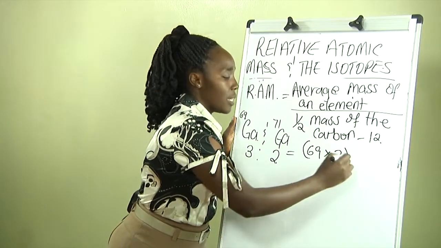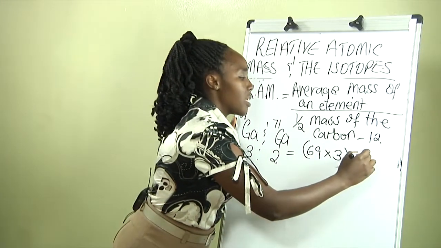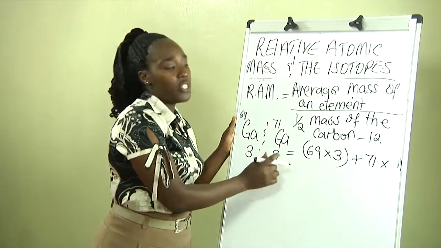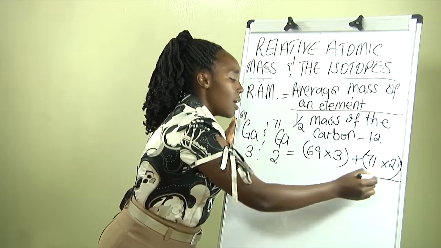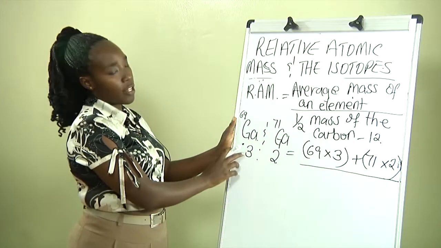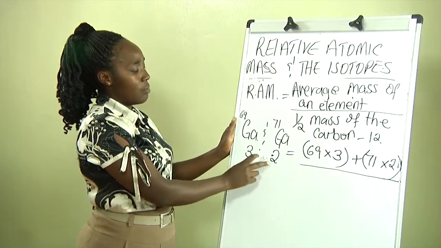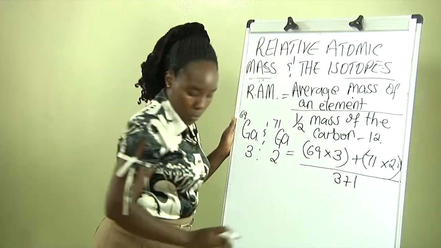We put that in brackets and add the other mass of the gallium element, that is 71. We multiply by the ratio, which is the 2 there. Then we divide that by the total ratio of the elements that we have, that is 3 plus 2.